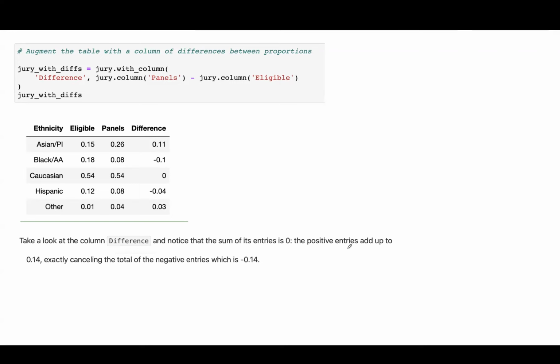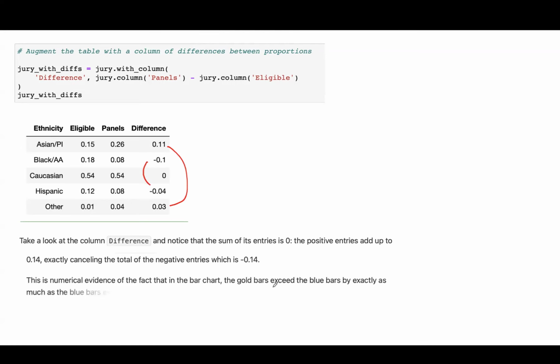The positive entries add up to 14%, exactly canceling the total of the negative entries, which is negative 14%. This is numerical evidence of the fact that in the bar chart, the gold bars exceed the blue bars by exactly as much as the blue bars exceed the gold.